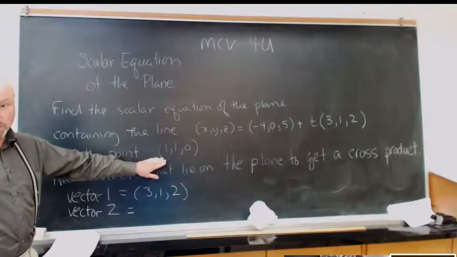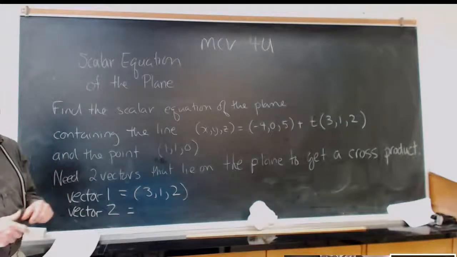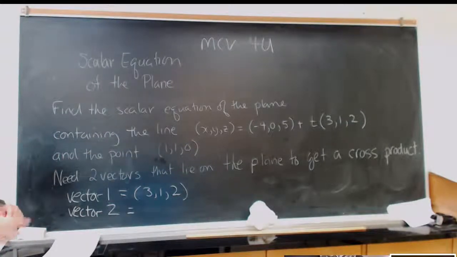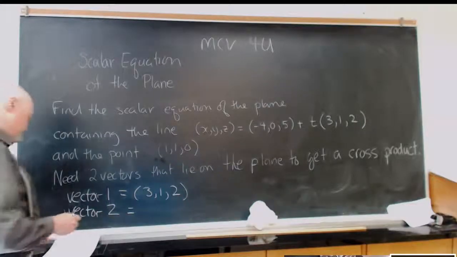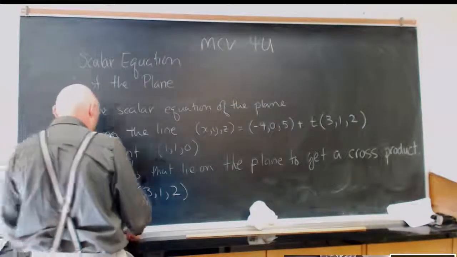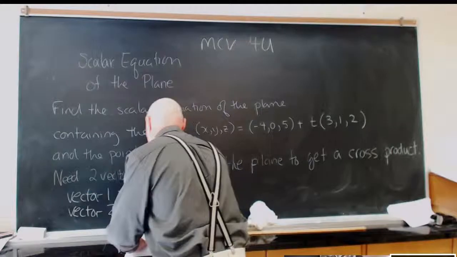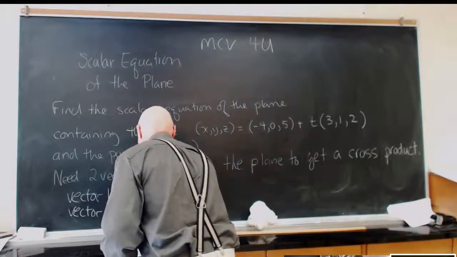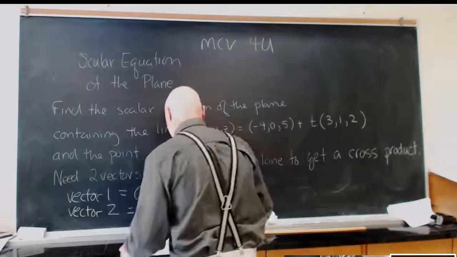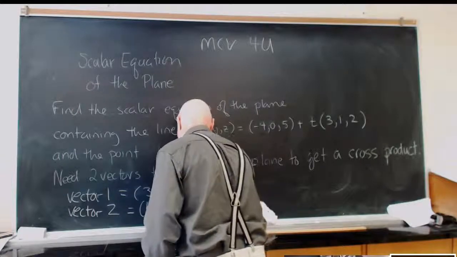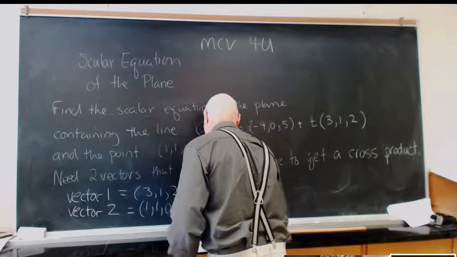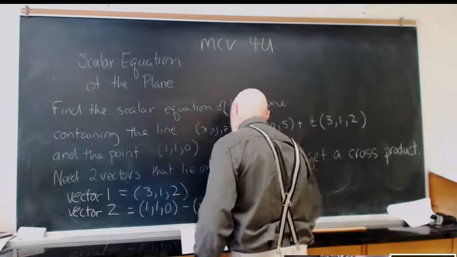So I'm going to construct the vector by subtracting tip from tail using those 2 points. I'm going to take 1, 1, 0 and subtract -4, 0, 5 to get my second vector.